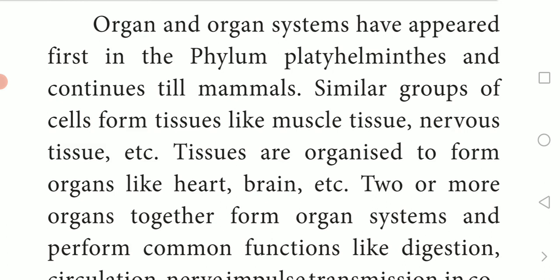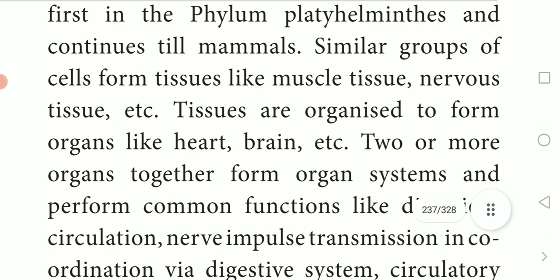You know what I mean by mammals? The animals which give birth and feed milk are called mammals. Similarly, a group of cells forms tissue, like muscle tissue and nervous tissue. As the first organ system formed in the phylum Platyhelminthes, it continues to mammals.